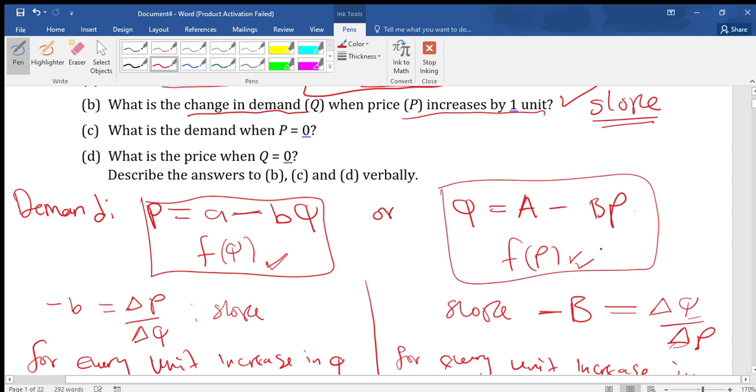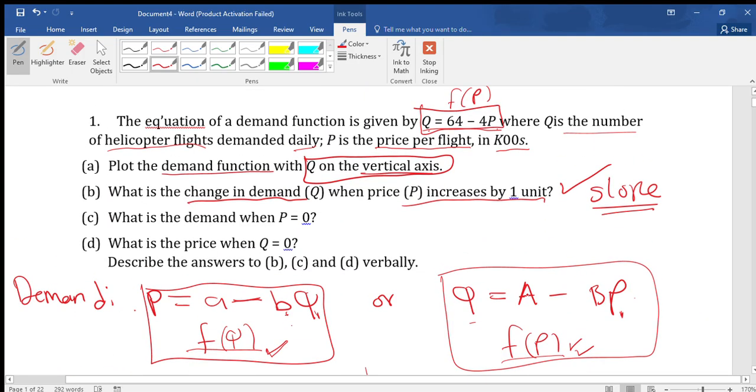And the verbal description means every unit increase in price, our quantity will decrease by B. This side, if this is a function we have, it means every unit in Q, our price will decrease by B. So look at your functions. Is it f of P or f of Q? That's your slope. So in that direction, we solve for the changes there.